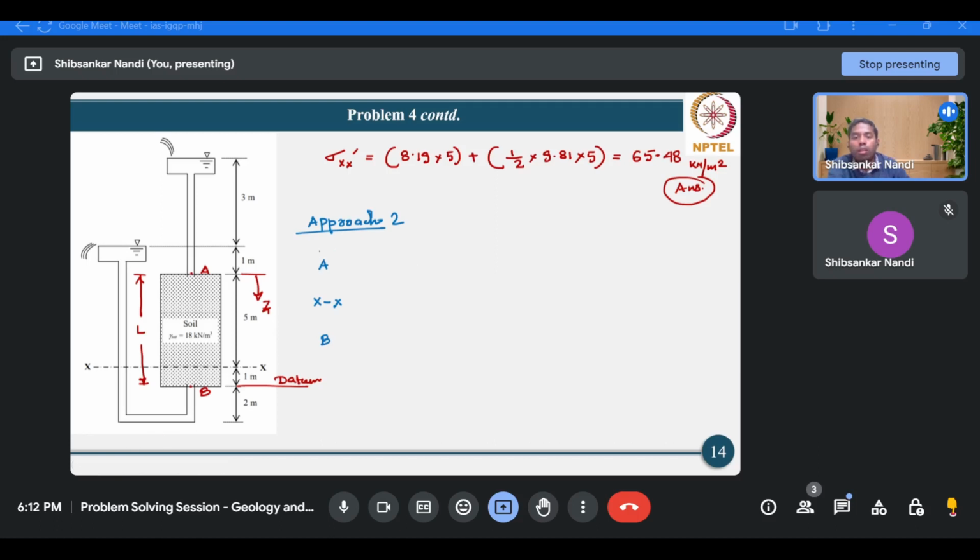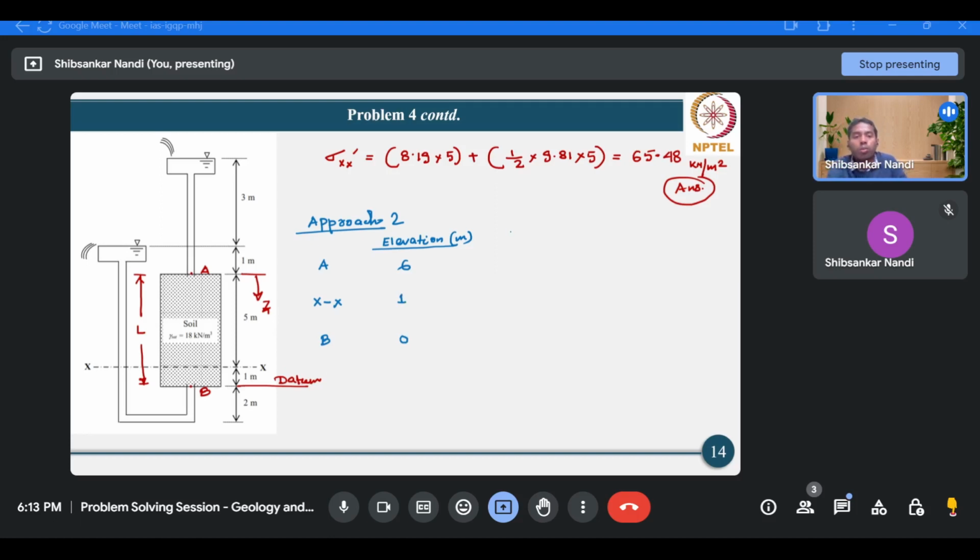Now, what is the elevation height for all these sections or points? If this is the datum, then for point A, it's 5 plus 1, that is 6 meter. For section XX, it's 1 meter, and for point B, it's simply 0. It directly lies on the datum.